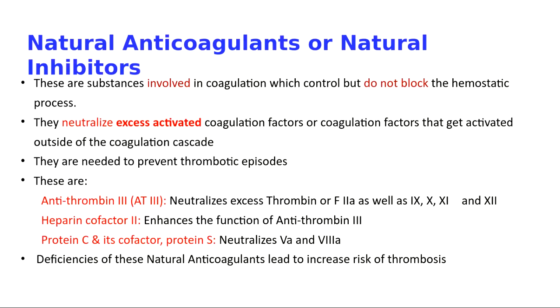And the last slide is just a little bit of information about the natural anticoagulants or the natural inhibitors. Again, these proteins are always looking around for any factor that gets activated out of sequence. If a factor is activated out of that cascade, out of that sequence that we saw in previous slides, then these natural anticoagulants, and we all have them, step in. And if we don't have them, then we're going to be prone to illegal clots or thrombi.